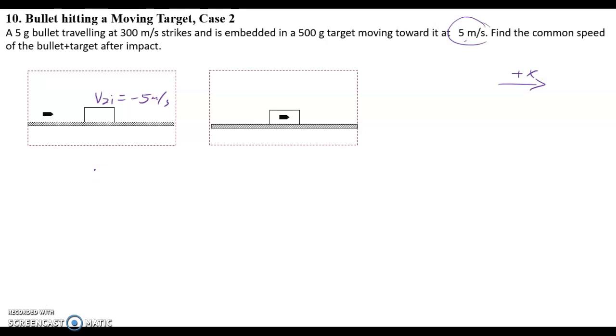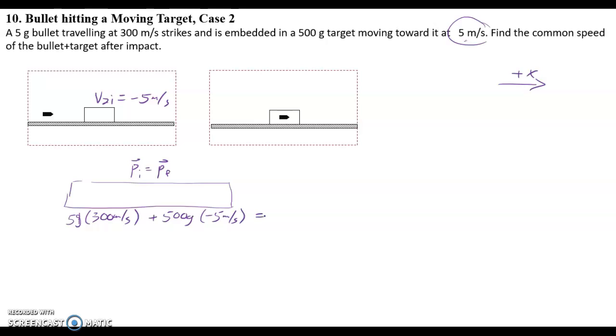And so we can start with our conservation of momentum equation, and then I would write out the full equation here from the equation sheet, M1, V1I, etc. I'll just go ahead and fill in the values. 5 grams times 300 meters per second plus 500 grams times negative 5 meters per second equals 505 grams times VF.